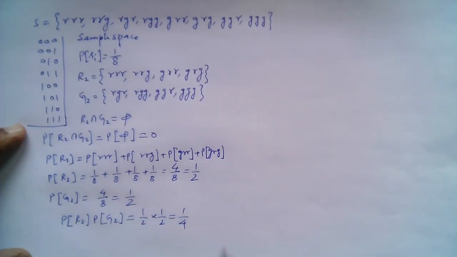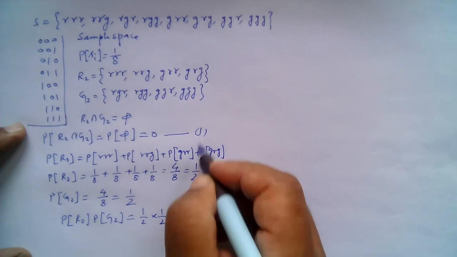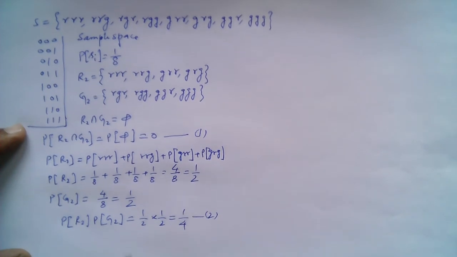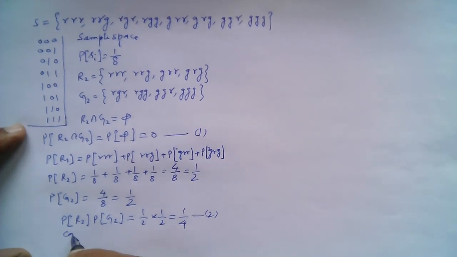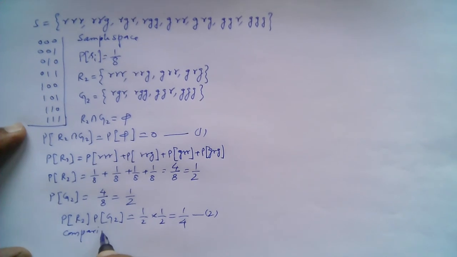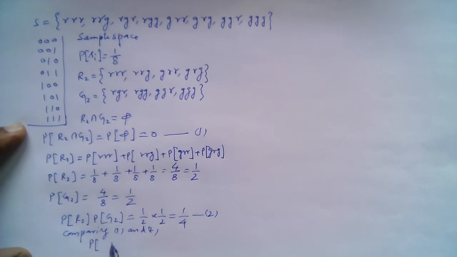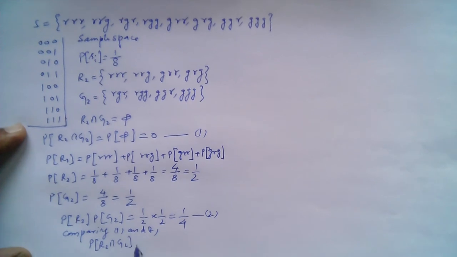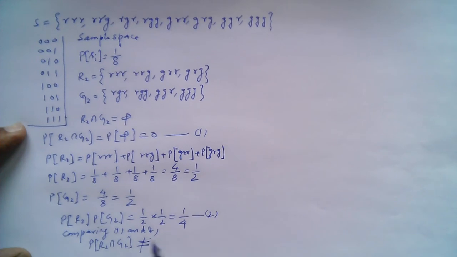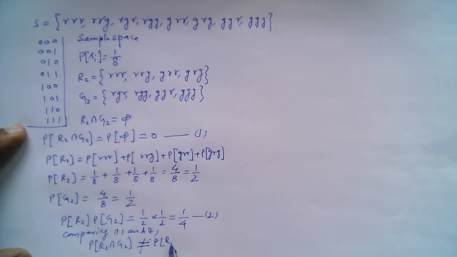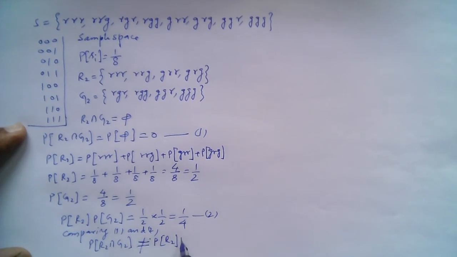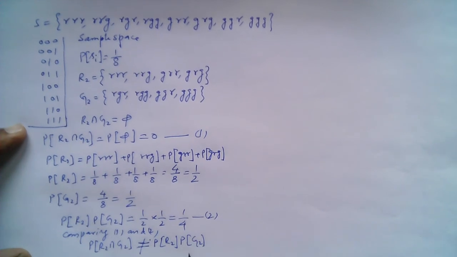So for example, this is 1, suppose, and this is 2. So comparing 1 and 2, we can see that probability of intersection of R2 and G2 is not equal to probability of R2 multiplied by probability of G2.